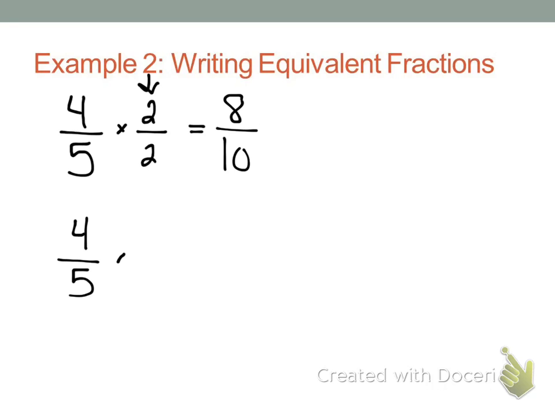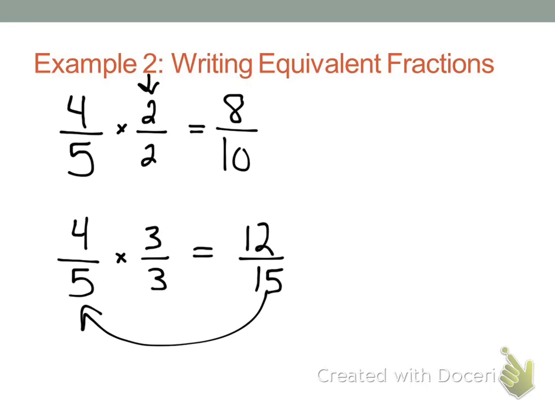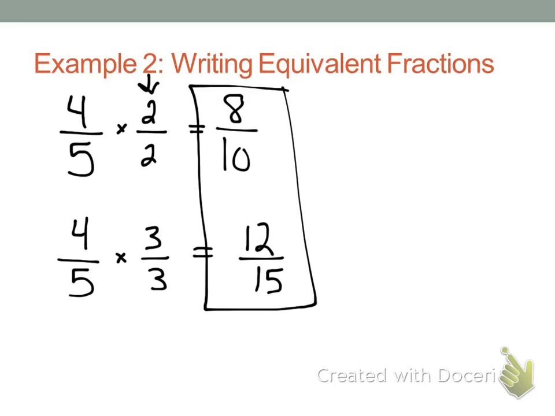All right, all we're doing is creating equivalent fractions, so as long as we multiply top and bottom by the same number, you're going to have an equivalent fraction. So if I have 12 over 15, now again, if I reduce 12 over 15, I'm going to get 4/5. So I'm not changing the value of the fraction, all I'm doing is creating an equivalent fraction. What you'll do on your homework tonight is you'll box in your 2 equivalent fractions.